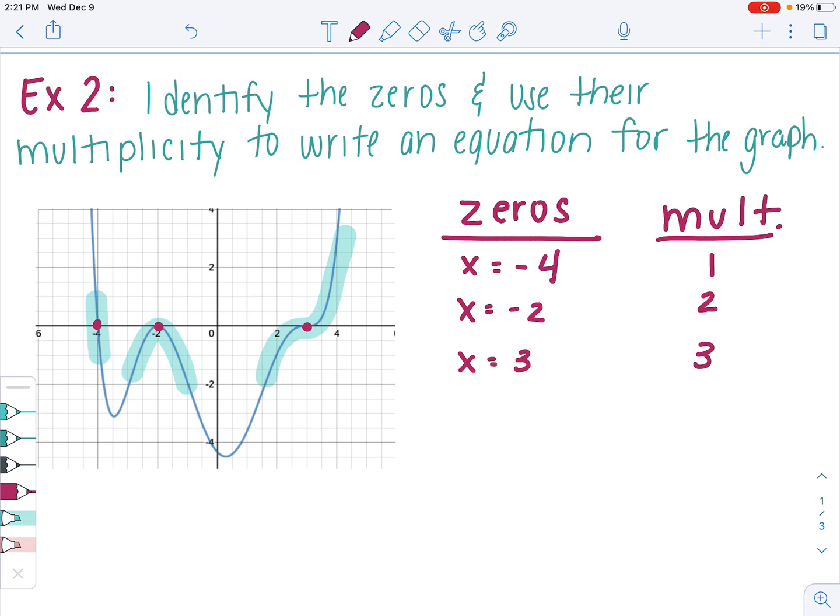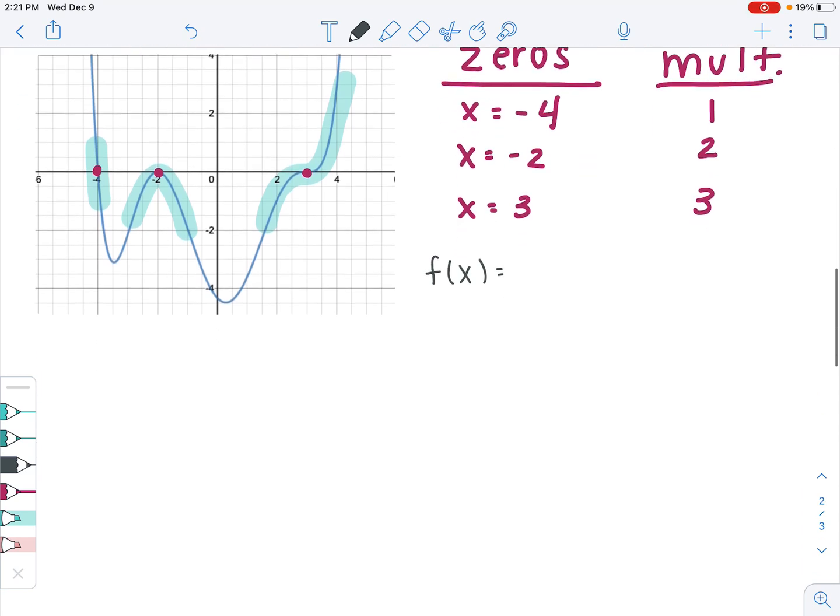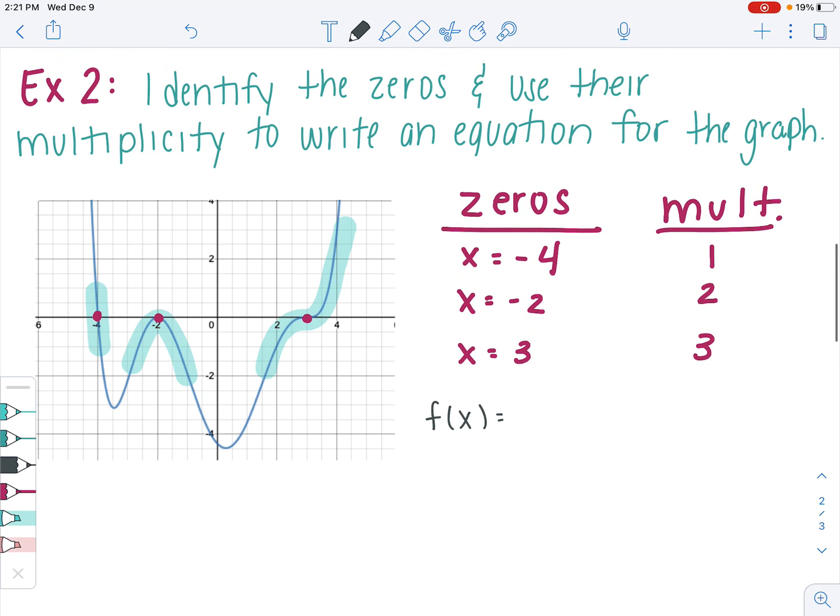Now, because I know what my zeros are, I know that my original equation of this graph is going to have all of these factors in it, and the multiplicity tells me what their exponent is going to be. I'm not sure if this graph is stretched or shrunk, so I'm going to leave an A there because I can solve to find out if I stretched it or shrunk it at all.